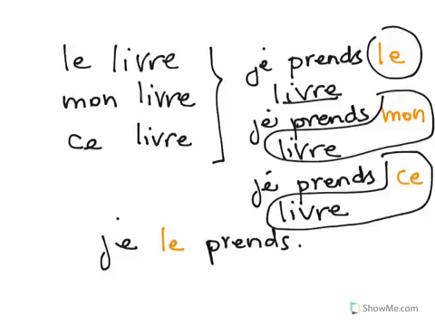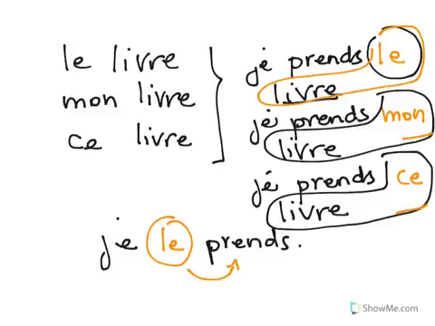In this case, le is replacing le livre, mon livre, or ce livre. As you can notice, the pronoun goes before the verb. In English, I would say I take it. The pronoun goes after the verb. In French, it goes before the verb.